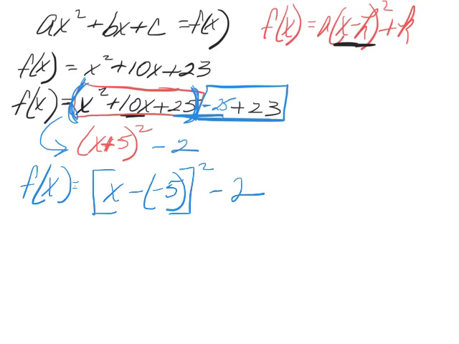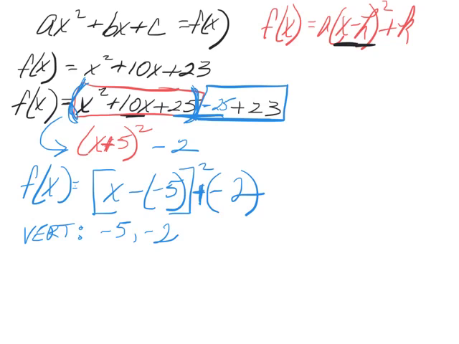Okay, so once we do that, it makes it really easy to find the vertex, because the vertex is going to be negative 5, and it's going to be negative 2, because this is really a plus negative 2. We need to make sure we do that as well. This is the plus k, so it has to be plus here, so it's plus negative 2.